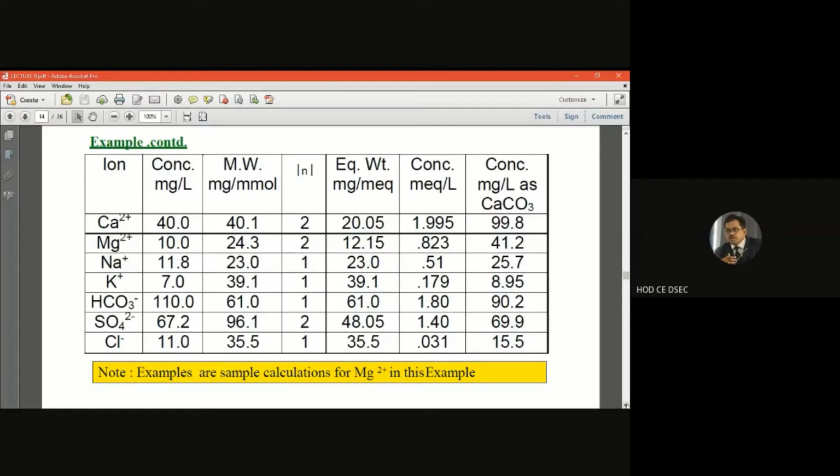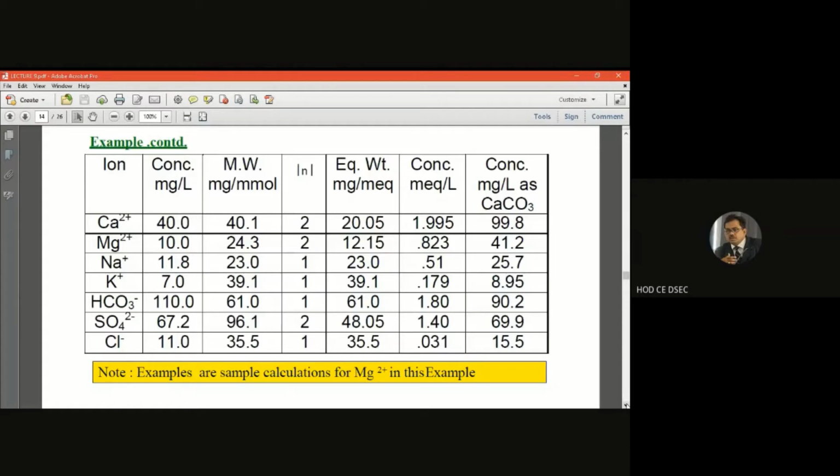So we'll get 99.8. Similarly, it can be checked for magnesium also. The calcium carbonate equivalent weight is 50, as I have seen just now, and the magnesium equivalent weight from the table is 12.15.